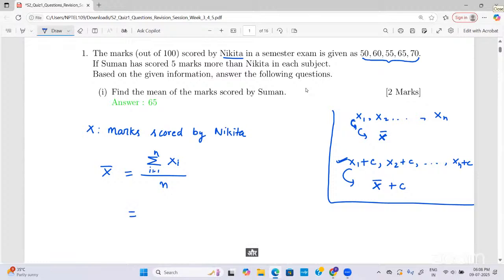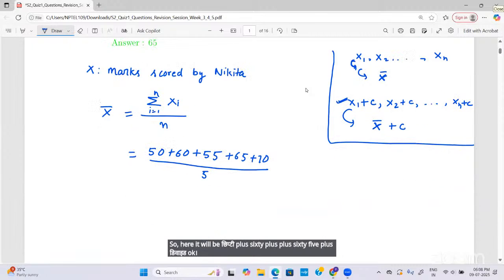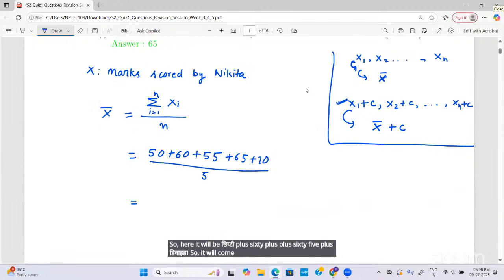So here it will be 50 plus 60 plus 55 plus 65 plus 70, divided by 5. So it will come to 60. So this is the average marks scored by Nikita, right?